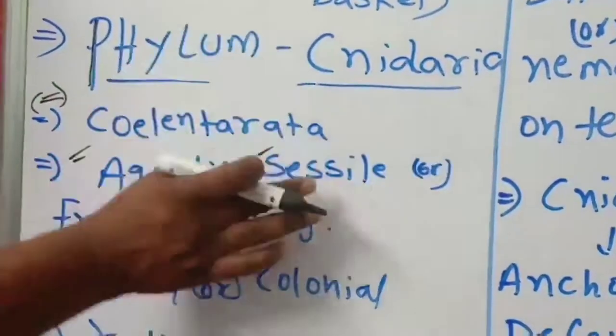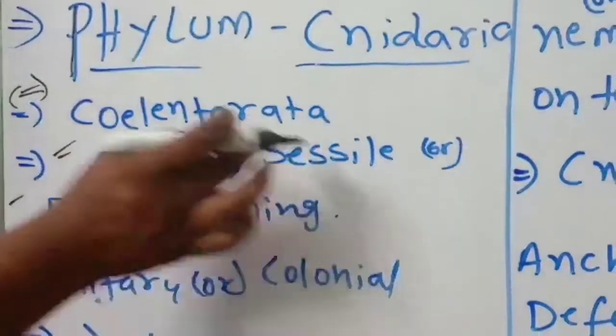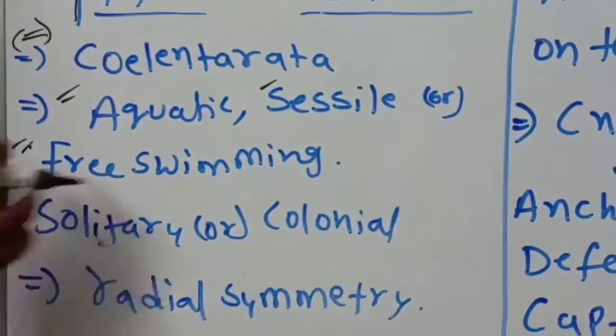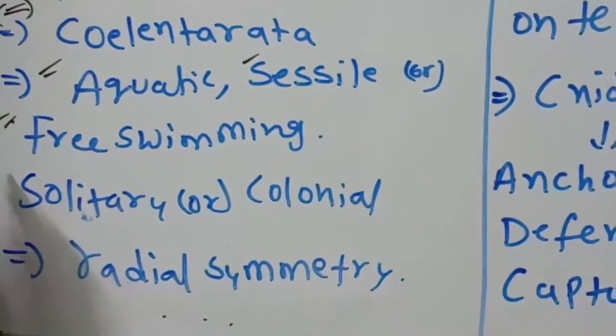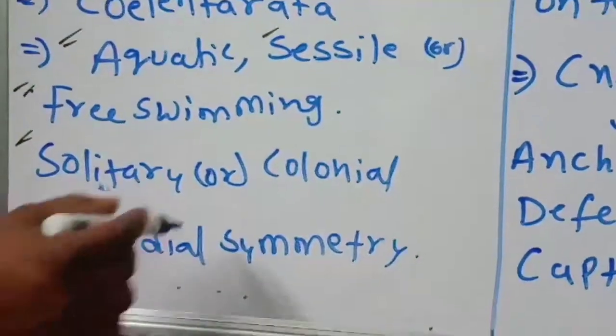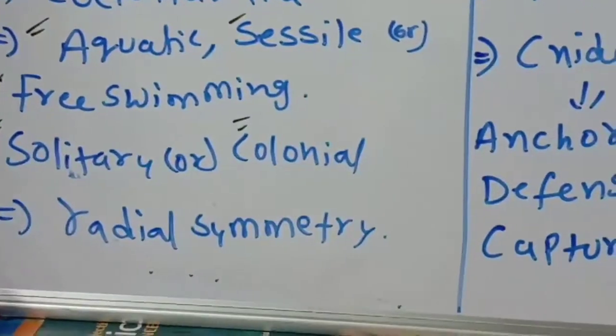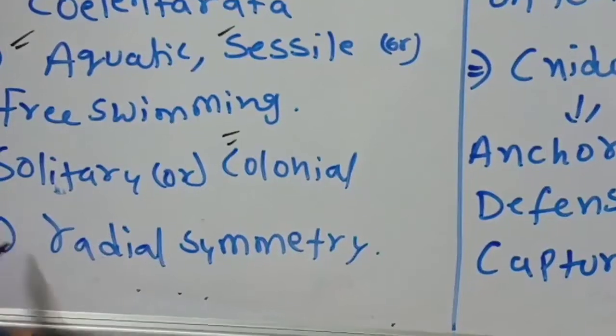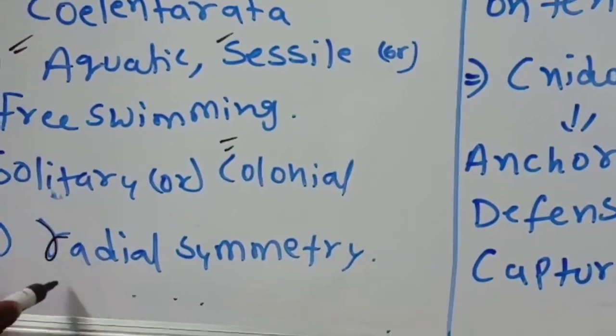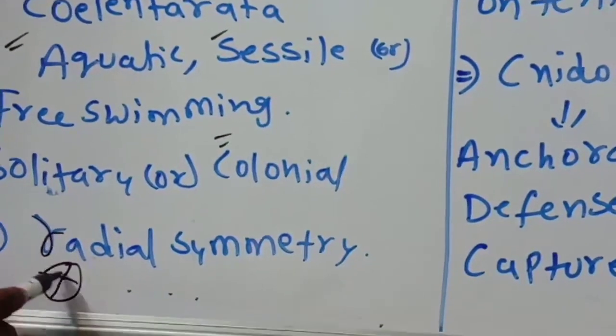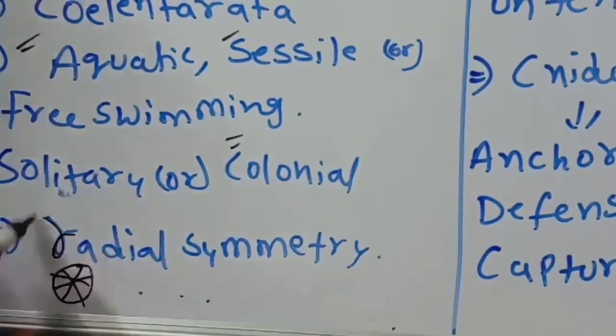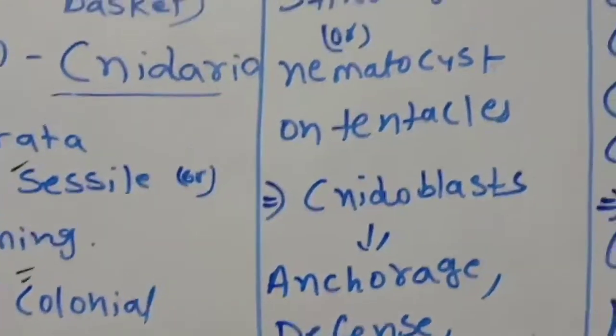They are sessile, living in one constant place, or free swimming. They are solitary, a single individual, or colonial, living together in groups. They show radial symmetry: any angle you cut, you get exact halves.